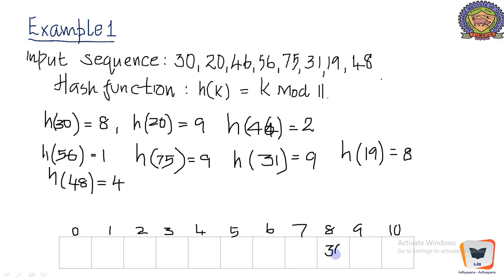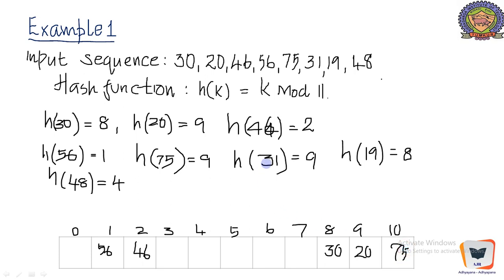It is straightforward insertion. And h(20) is 9, so in the 9th cell comes 20. 46 is 2, so it goes to the second cell. 56 is 1, no problem. And 75 is 9, so that cell is already filled. It will search for the next cell, which is empty, therefore 75 is inserted over here.